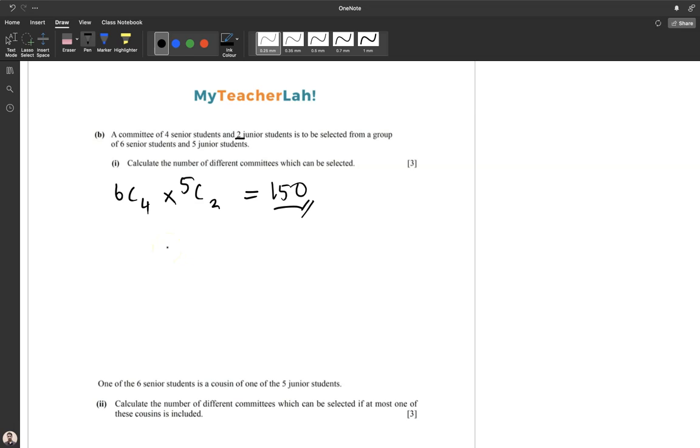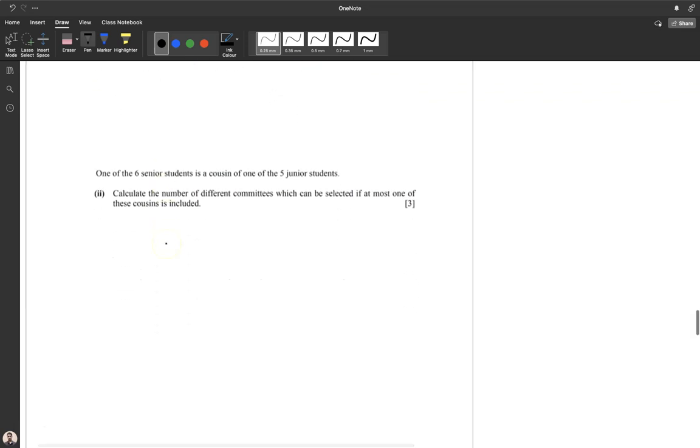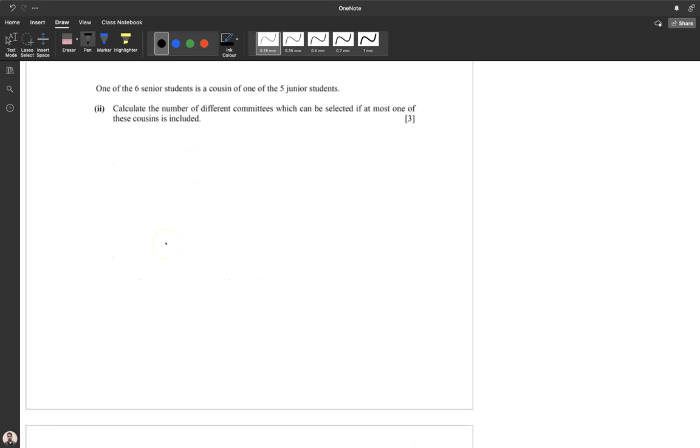Now comes the problem. One of the 6 senior students is a cousin of one of the 5 junior students. That means one guy here and another guy here, or a girl or anything, are cousins.